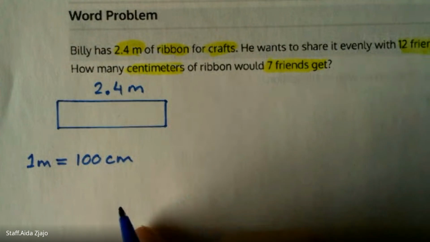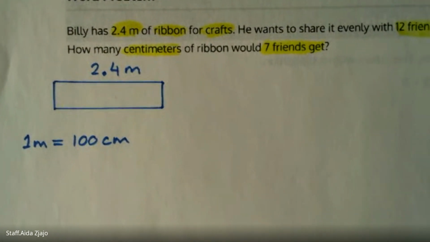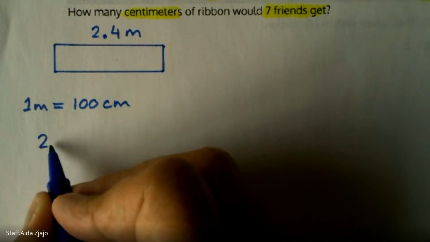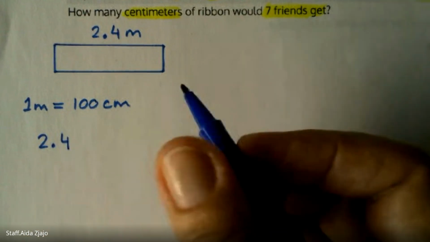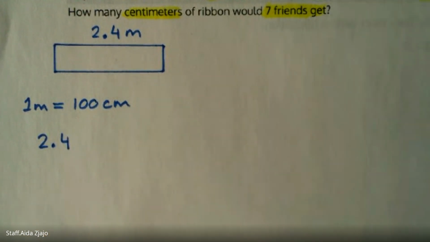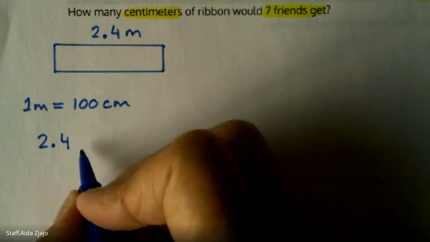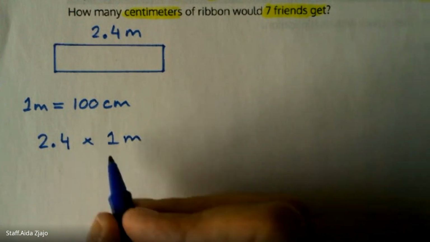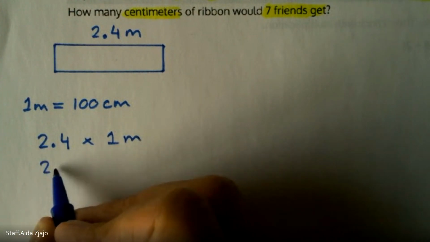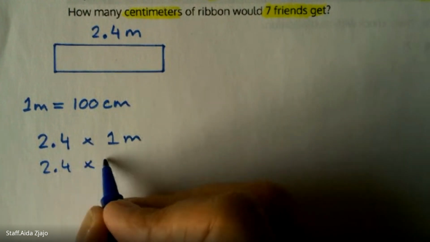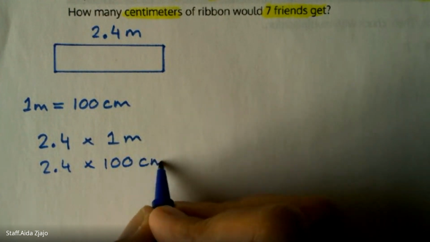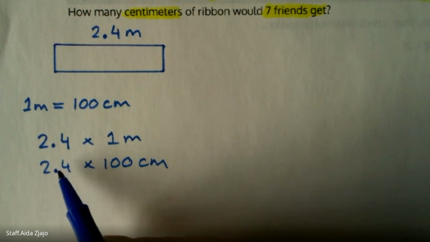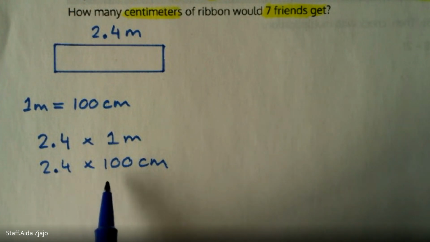So if we use the strategy they were practicing in ZEARN, it's 2.4 meters times 1 meter, and then 1 meter you change into 100 centimeters, so it will give you 2.4 times 100. This number gets 100 times bigger.